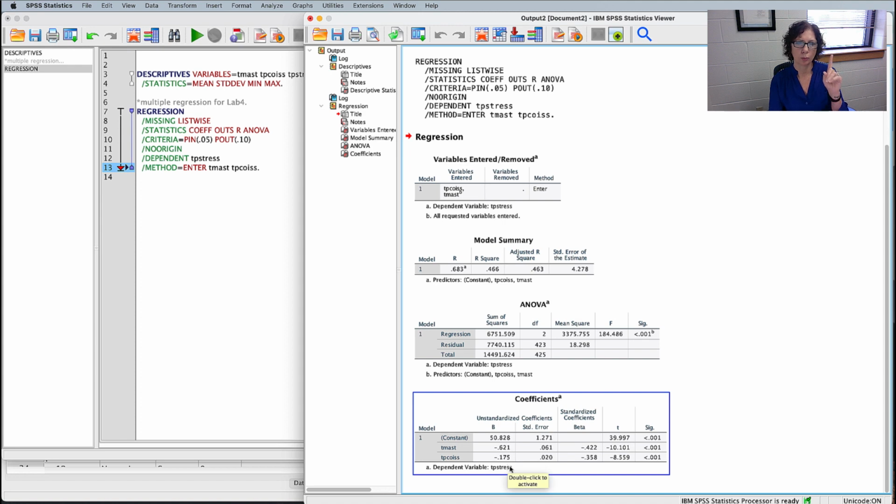For every 1 unit increase in the predictor, total perceived control, there's a reduction in the outcome of 0.175. So that's the trick of it. You got to remember which one's getting the 1 unit increase, because these numbers pertain to the outcome, total perceived stress. And again, the standardized coefficient, beta, is the effect size and the significance value.